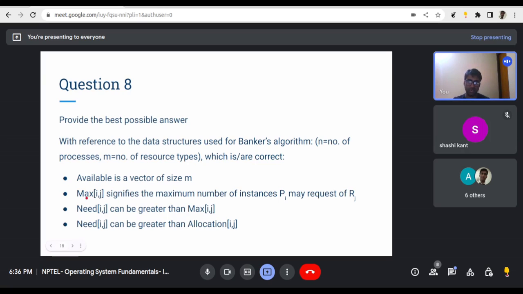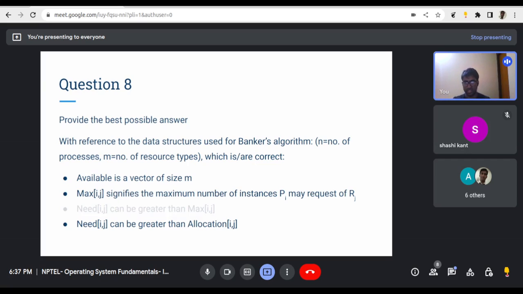So max signifies the maximum instances the process pi requires of each resource. Need signifies how much more it requires than it already has of each resource rj for completion of the process Pi. And allocation, as usual, signifies how many instances of resource Rj are already allocated to process Pi.